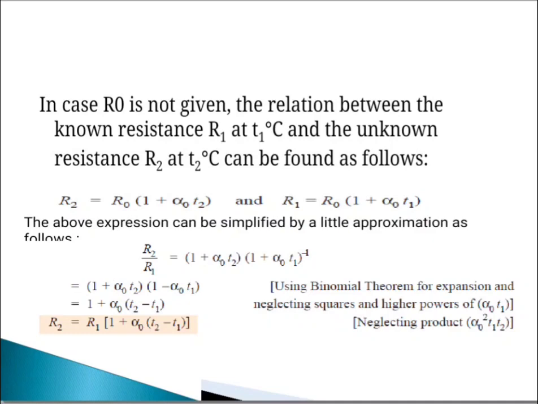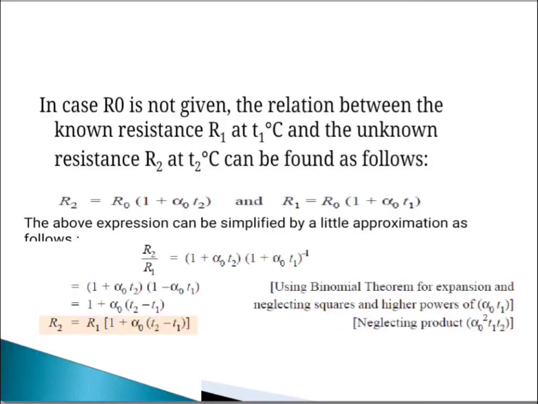From the above expressions we can simplify and get R2 divided by R1 is equal to the first equation divided by the second, 1 plus alpha 0 into T2 divided by 1 plus alpha 0 into T1, or we can write 1 plus alpha 0 into T2 into 1 plus alpha 0 into T1 raised to minus 1. The denominator is taken to the numerator, for that purpose we write minus 1.